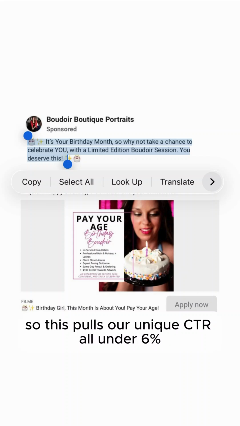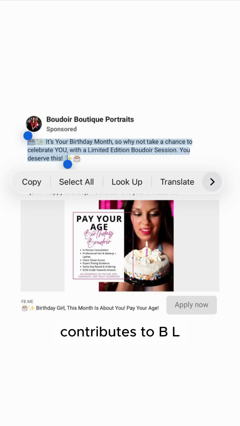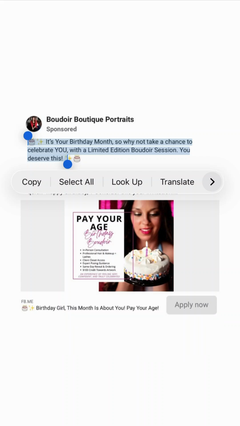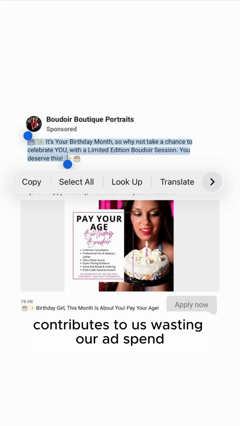So this pulls our unique CTR under 6%, contributes to BLCS, aka boudoir low click syndrome, and contributes to us wasting our ad spend.